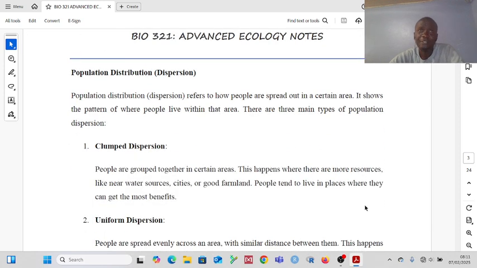Okay. So when you look at how organisms exist in the environment, they are distributed or dispersed across the environment. Population distribution refers to how people or organisms are spread out in a particular area.